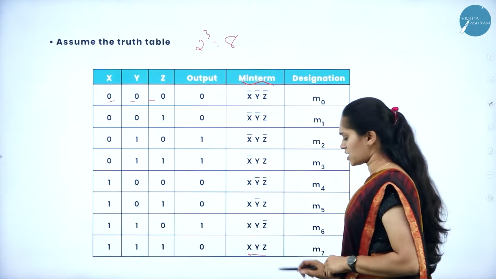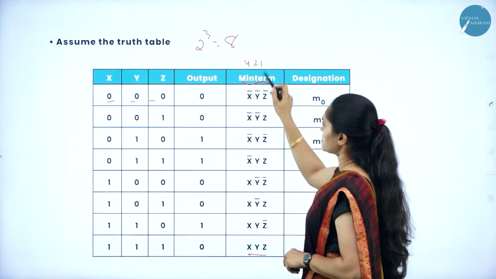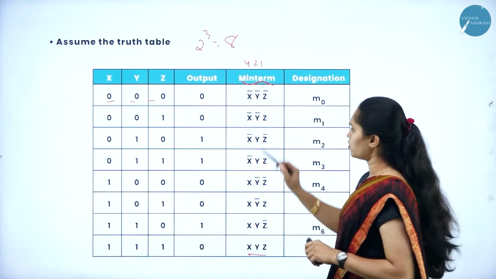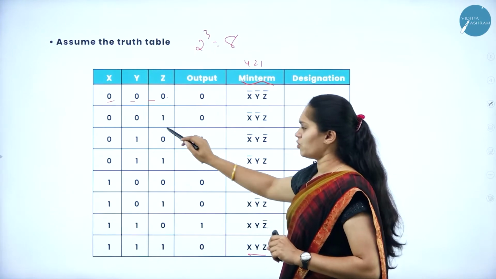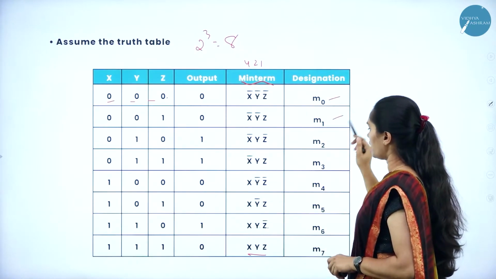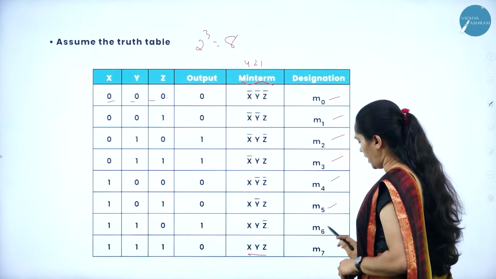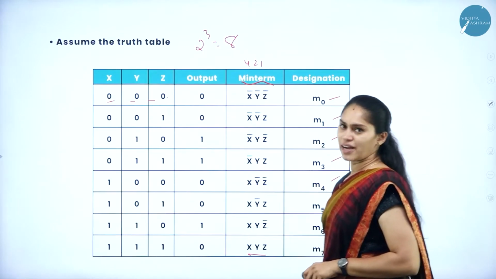And we got to know how to find the designation, that is by making use of 4 2 1. So wherever we have 0, no need to add that value, but wherever we have 1, we have to add that place value, so that we can have M0, M1, M2, M3, M4, M5, M6 up to M7. So this is how we are going to write the minterm.